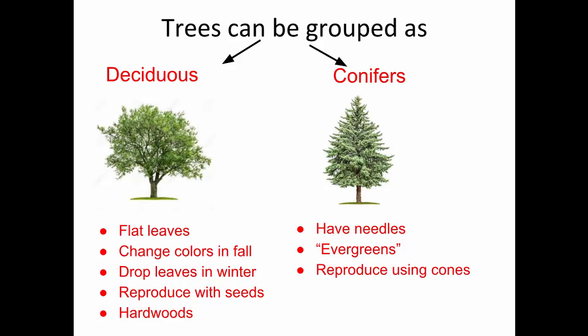They reproduce differently, so they're not flowering plants. They have cones, pine cones, for example. There are male and female versions. The male cones have pollen, which pollinates. Female cones develop seeds.